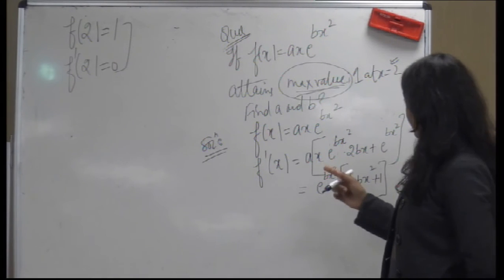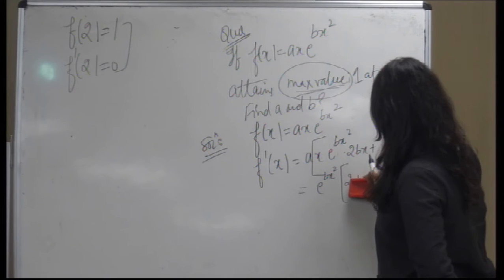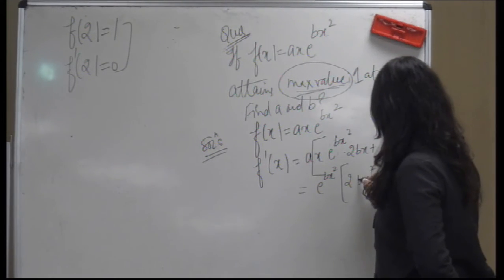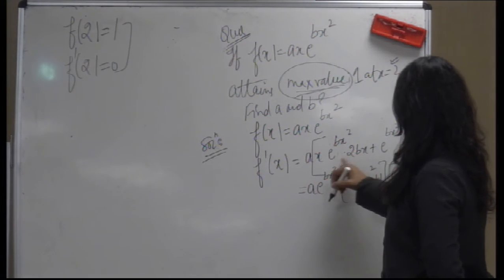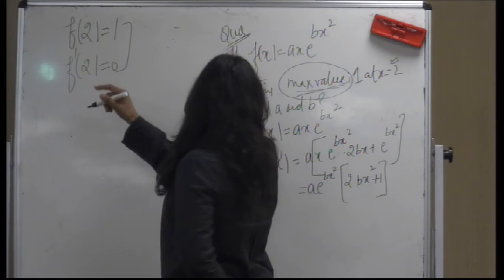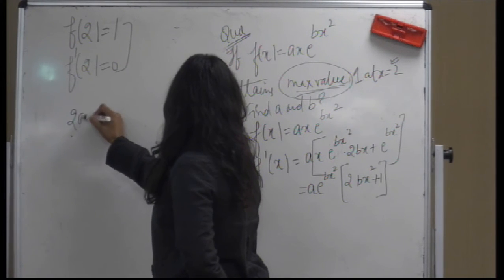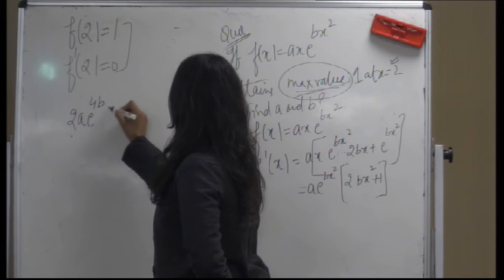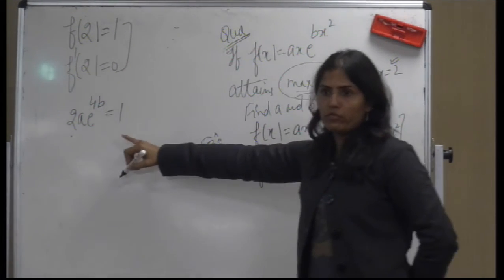A will be outside, e to the power b x square, times 2b x square plus 1. So now f2 equal to 1 gives us 2a e to the power 4b equal to 1. This is one equation, f2 equal to 1.